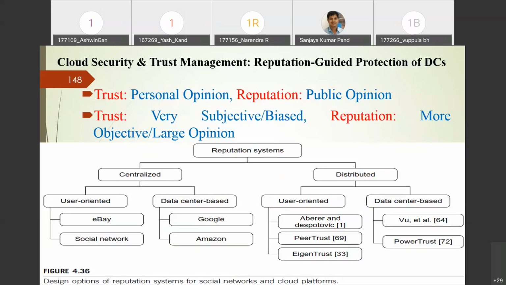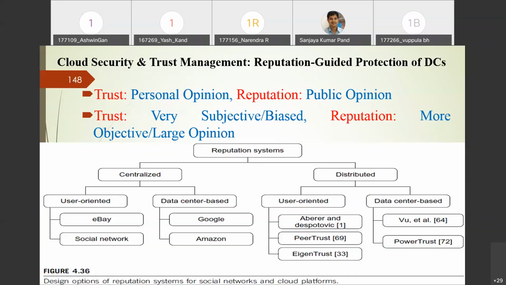But whenever you go for the reputation system, reputation is not personal opinion, it is public opinion, right? Whether I will move to the cloud or not depends upon public opinion. Whether I will purchase a particular product from Flipkart, Amazon or Myntra will be based upon public opinion. If public opinion says this product is excellent at a particular e-commerce website, then you are heading towards that website, right?